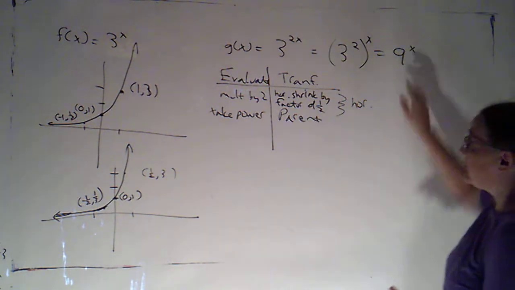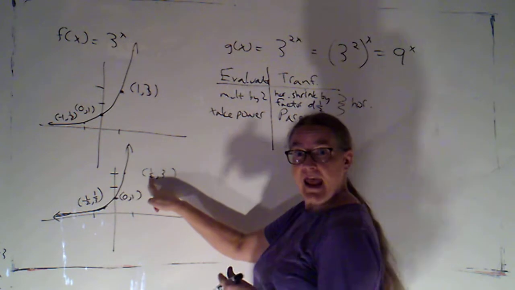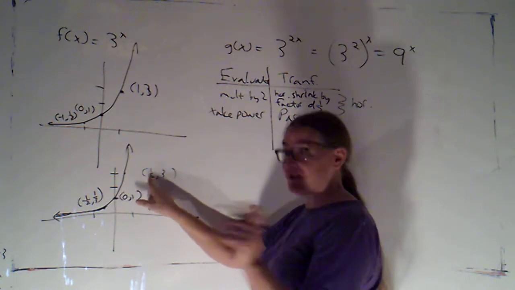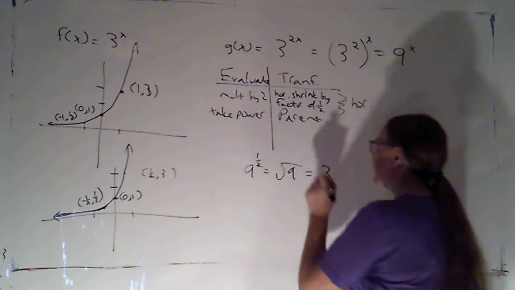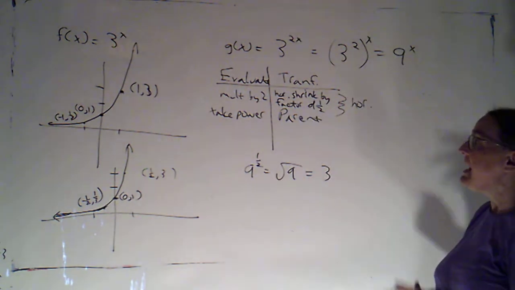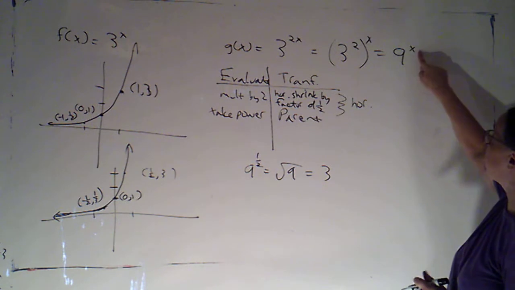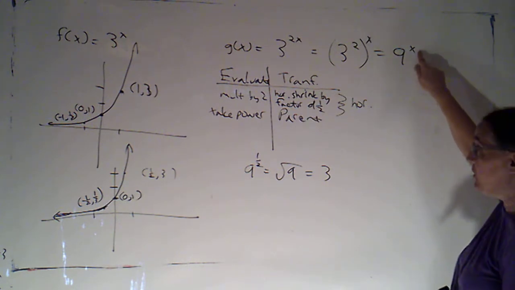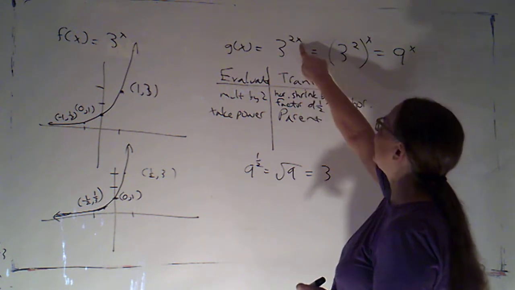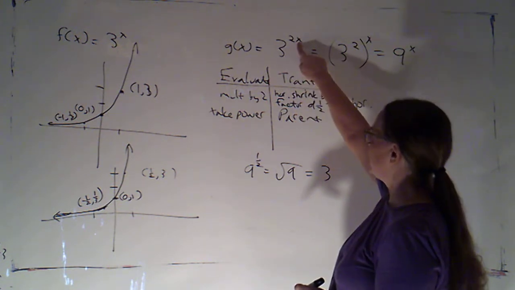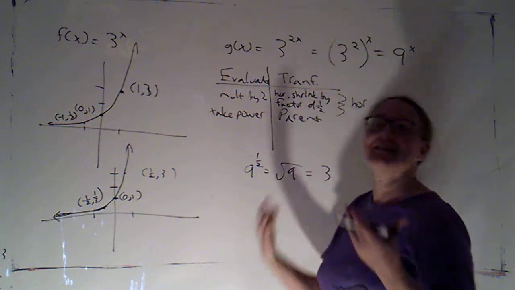Now, if I take a look, 9 to the 1/2, remember the 1/2 power is the square root. Square root of 9 is in fact 3. If I were to plug in 1, obviously 9 to the 1st would be 9. If I plug it in here, 2 times 1 is 2, and 3 squared is 9.